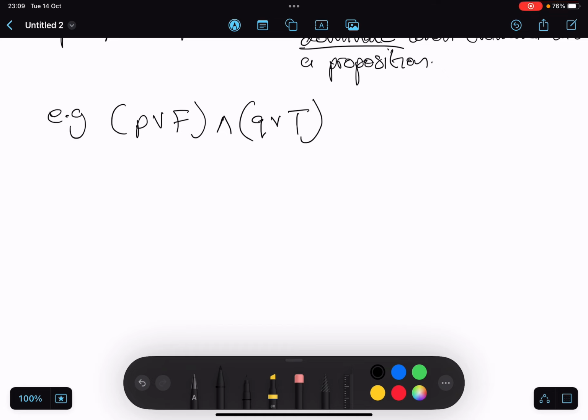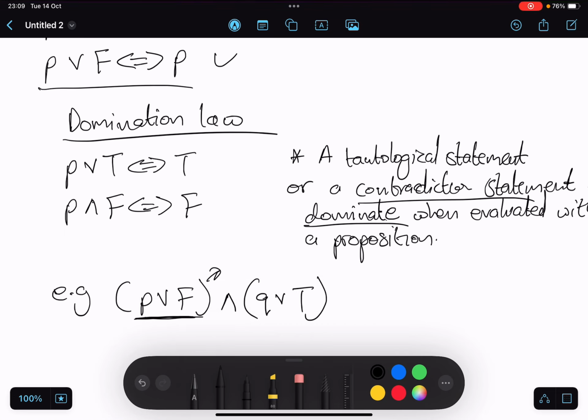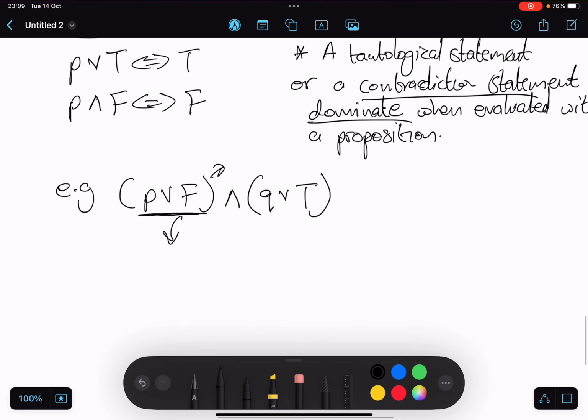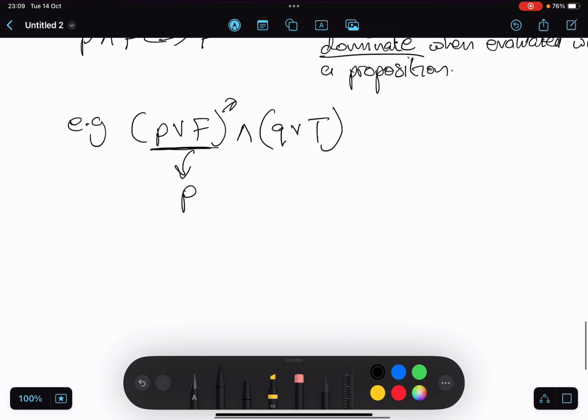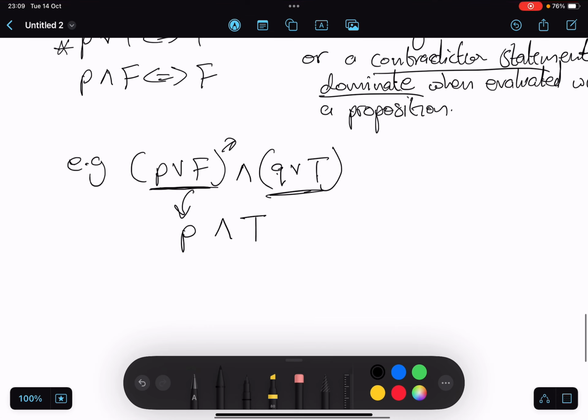First of all, we can apply the identity law, which is this one, so P or F can be evaluated to P. Then we can apply the domination law, where Q or T will be T, isn't it?